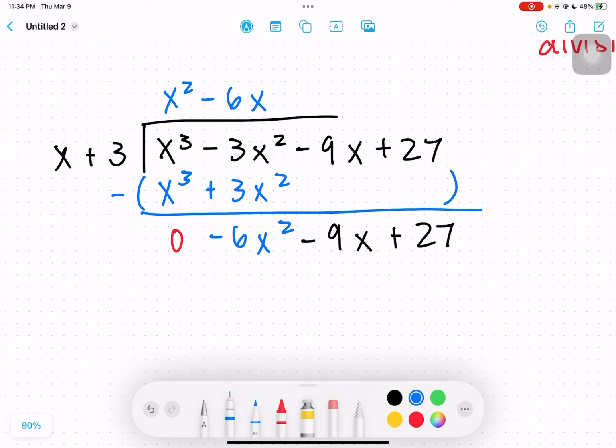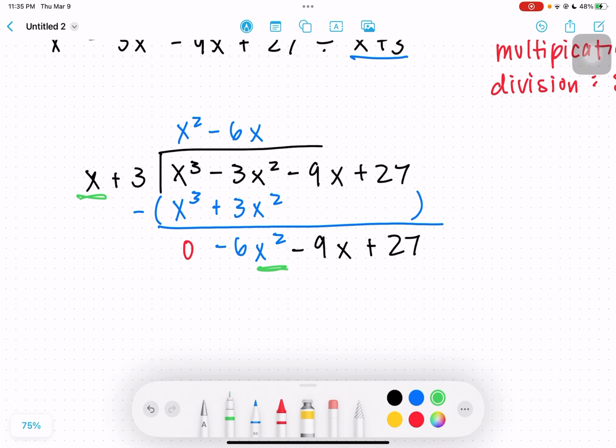The squared is gone because since you divided x squared and x, it becomes just x because you subtracted.